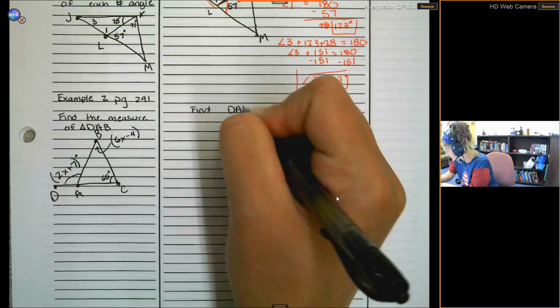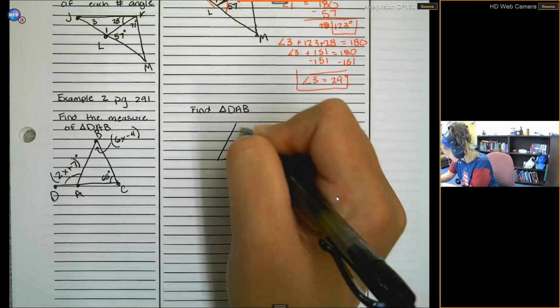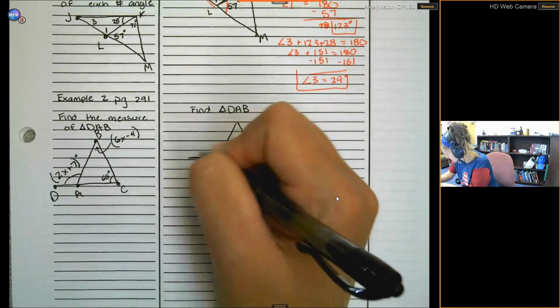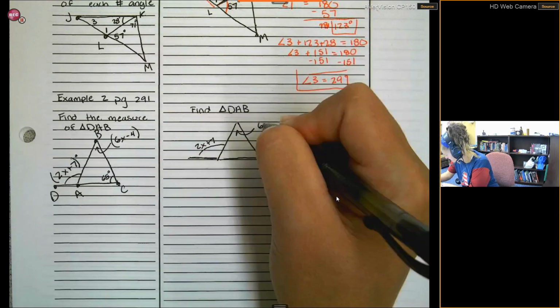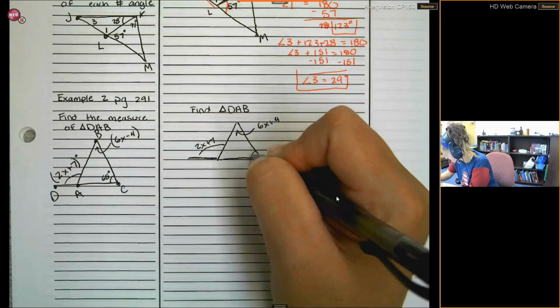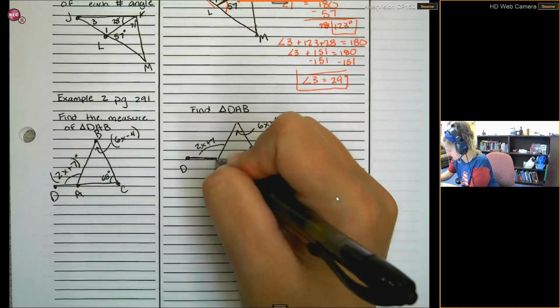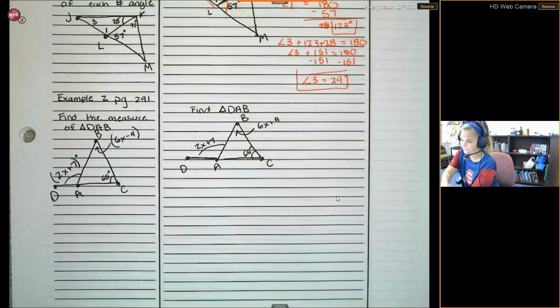Find DAB. Okay. Once you start doing your work, make sure you switch to red.